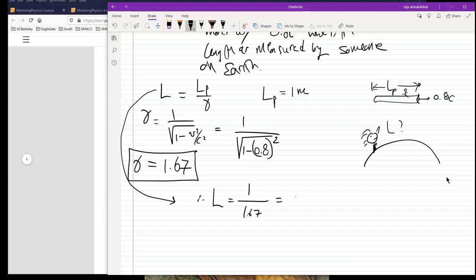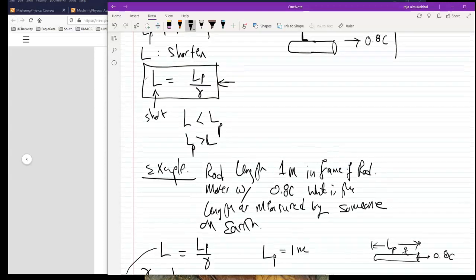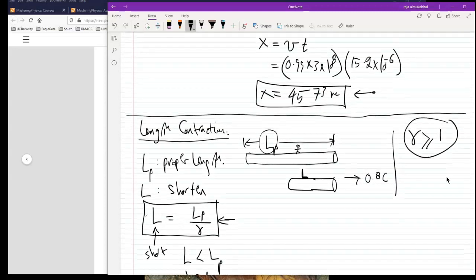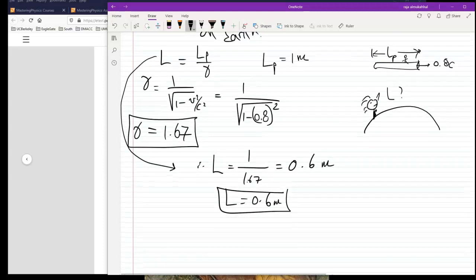So as measured by him, it's not 1 meter, it's actually 0.6. This phenomenon is called length contraction, because the length of the rod shortens as you go faster and faster. Got it? Okay.